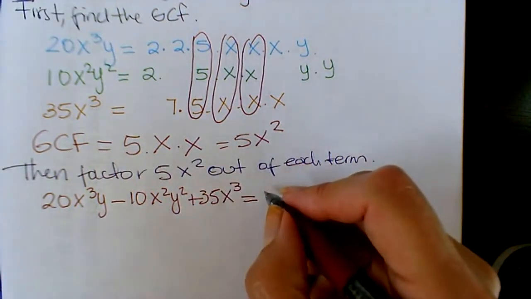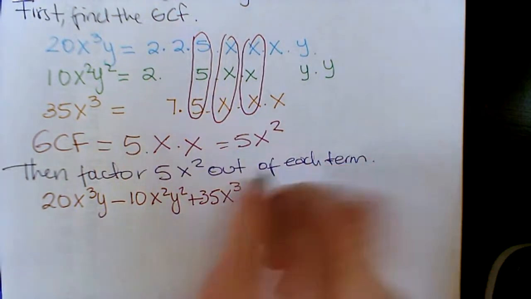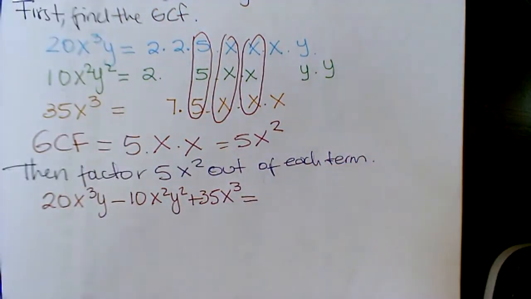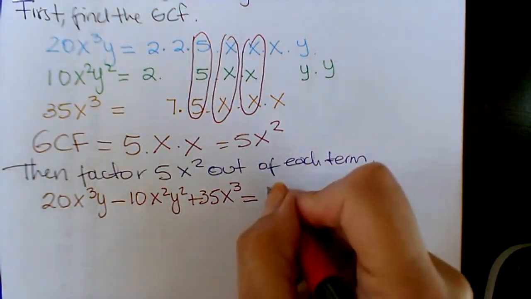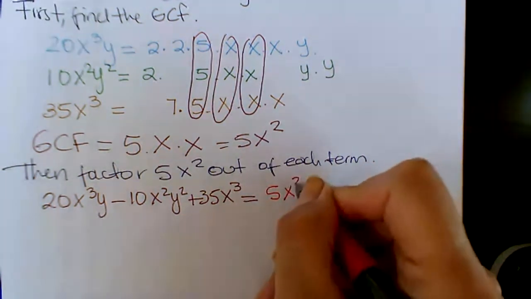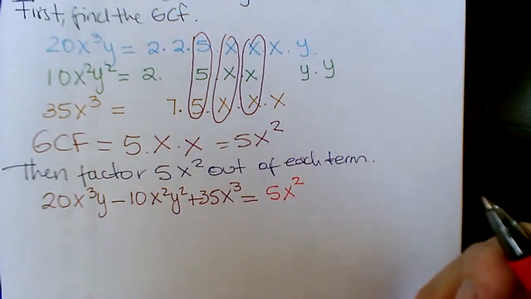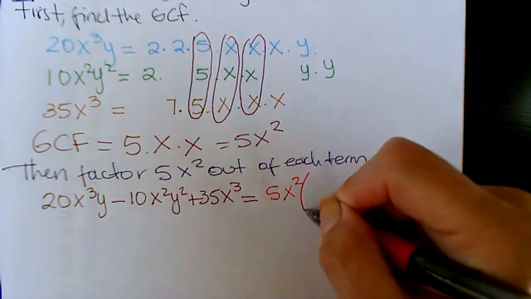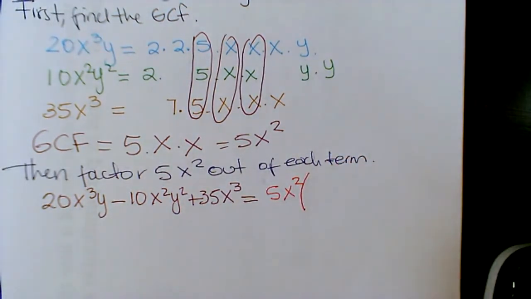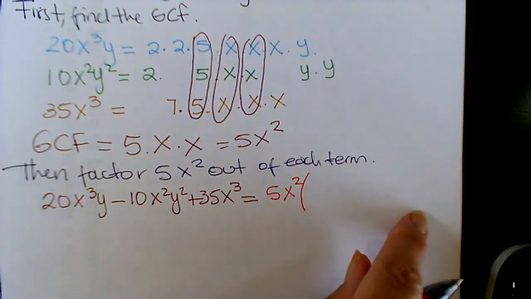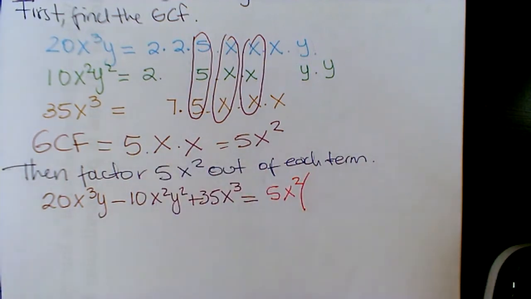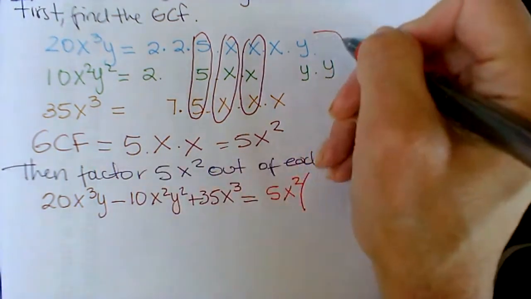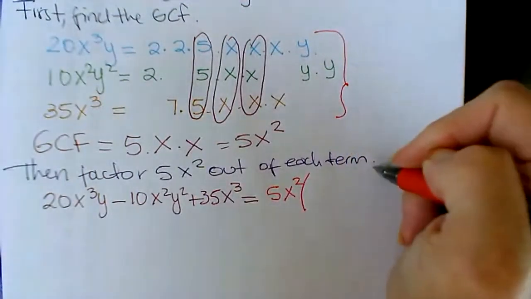So here's my greatest common factor. Now I'm going to factor it out. So what is this part that is going to go here? What is going to go in this parenthesis are the elements left over. Whatever was left over from here is what is going to go there.